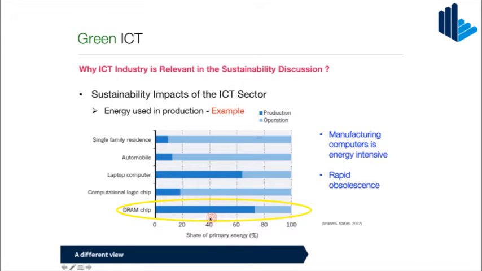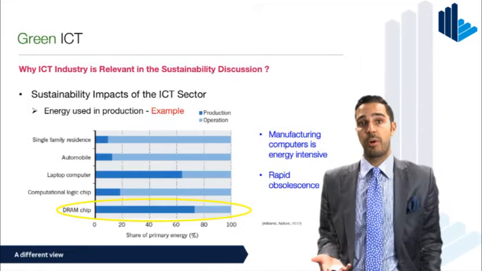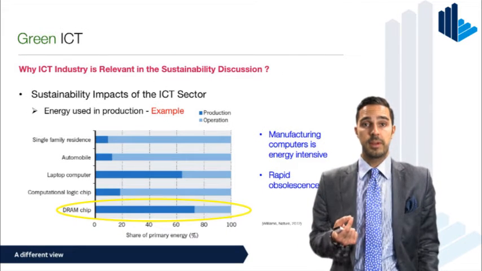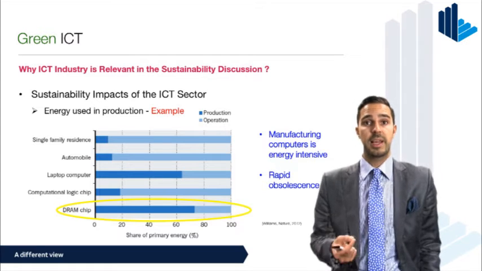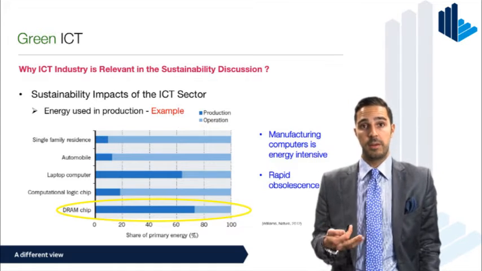The energy required to produce the product is almost double the energy used for running and using the products. Another important aspect to note is that ICT products typically have a very short life cycle, so this is a problem. ICT products absorb a lot of energy in a very short period of life.